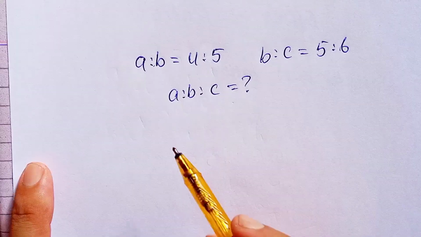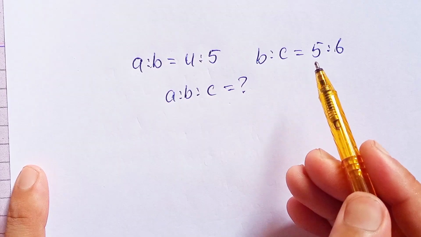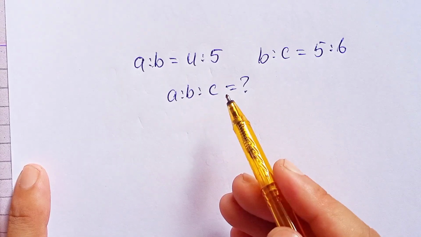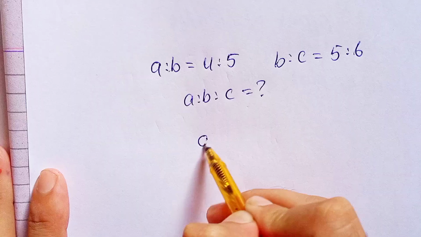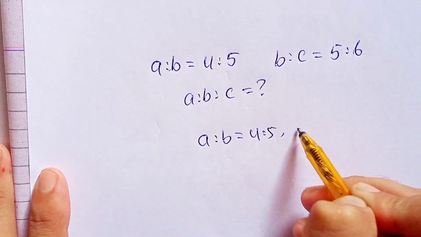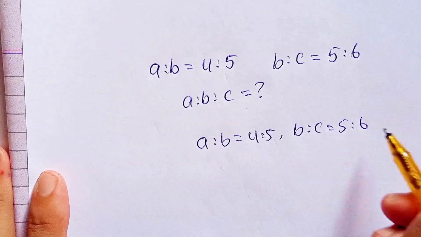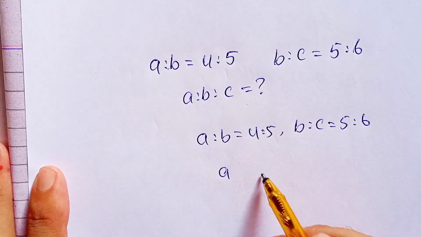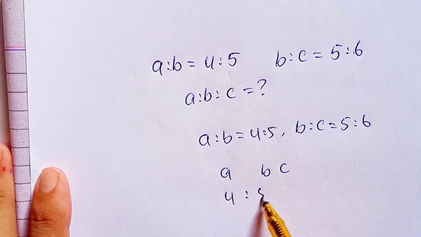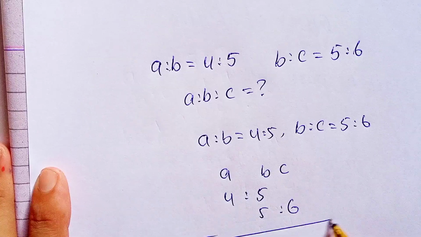Here is another question. A:B is equal to 4:5 and B:C is equal to 5:6. We have to find A:B:C, right? So A, B and C can be written as 4:5 and 5:6.